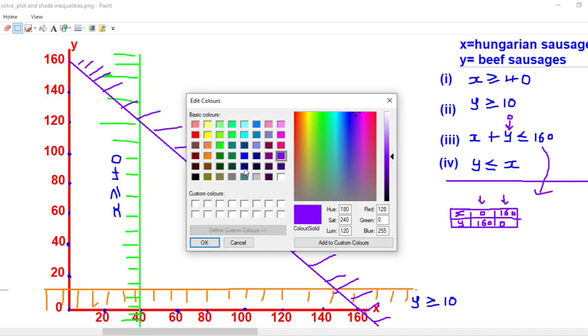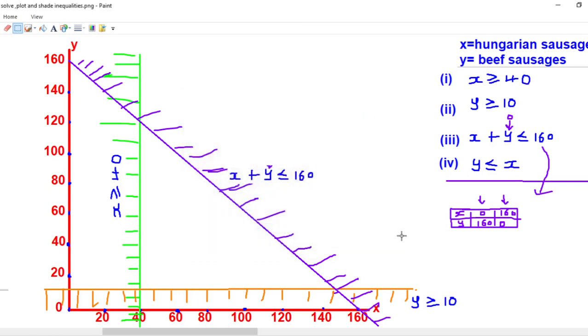Let me use a blue one now. If we get this inequality and try to make a box, you are going to see that the box is going to be, okay, let's try that.